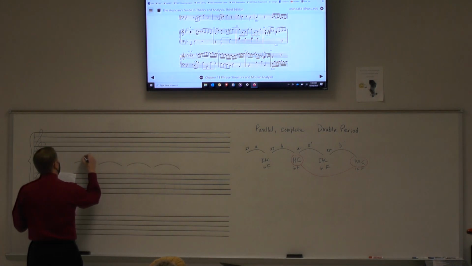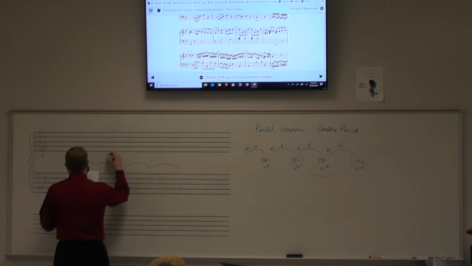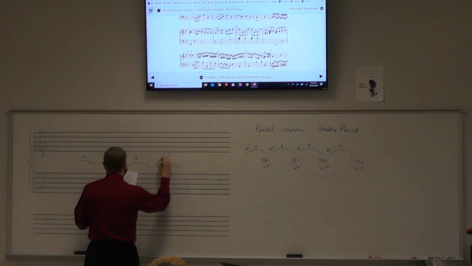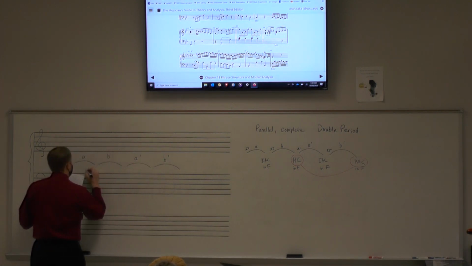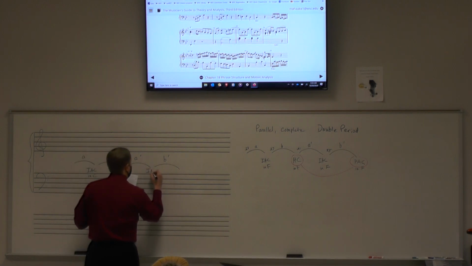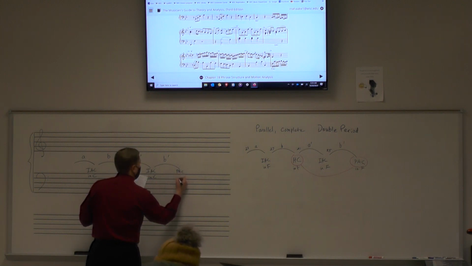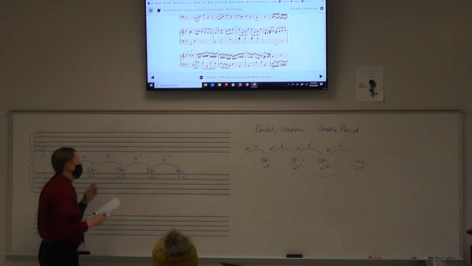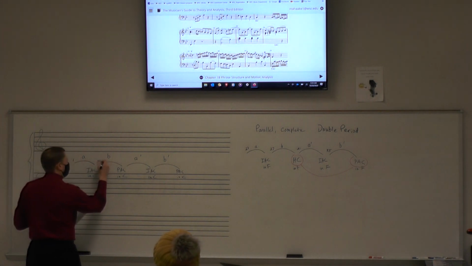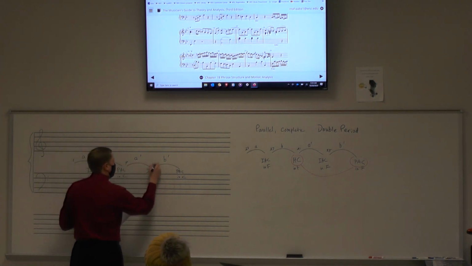All right, let's say I have this, and I have this, and I have this, and I have this, and this is my cadence structure. I'll just put some measure numbers on here as well.